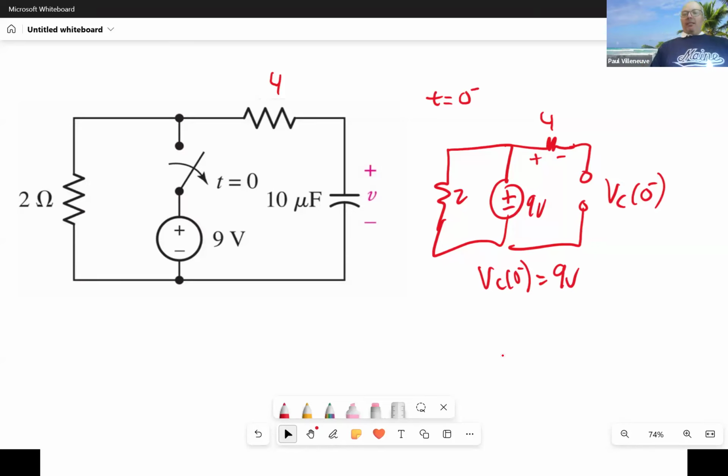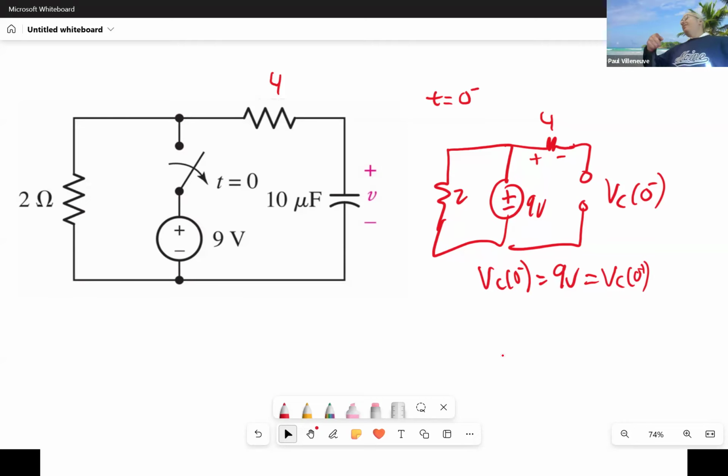And I know, because of what we just said, voltages can't change instantaneously in a capacitor, that has to be the 0 plus condition. No instantaneous changes in voltage.